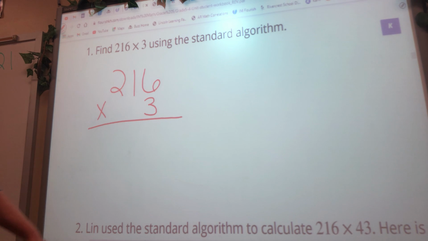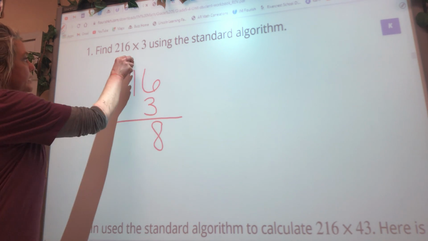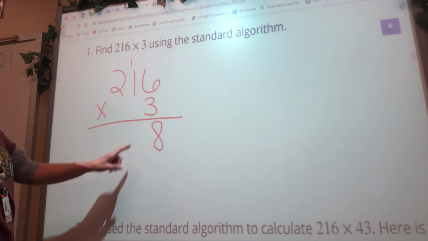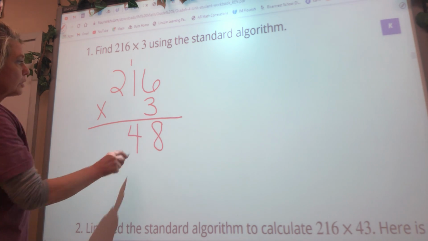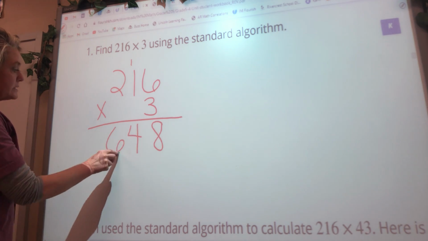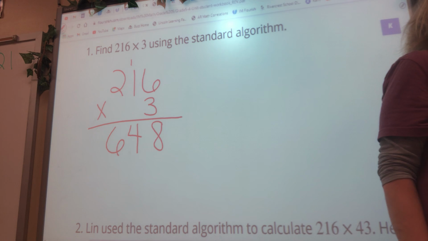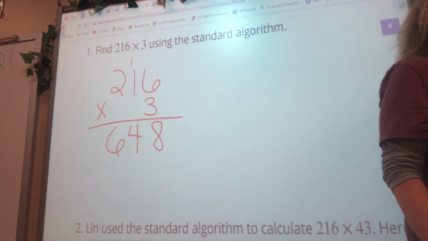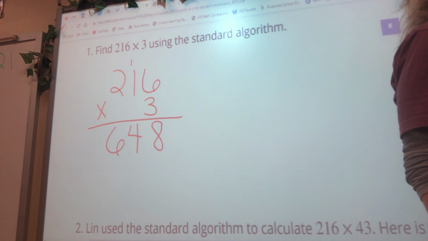We multiply 3 times 6 is 18, and we carry the 1. 3 times 1 is 3, plus the 1 that we carried is 4, and 3 times 2 is 6. So using the standard algorithm, 216 times 3 is 648.